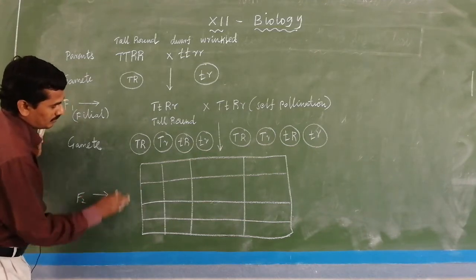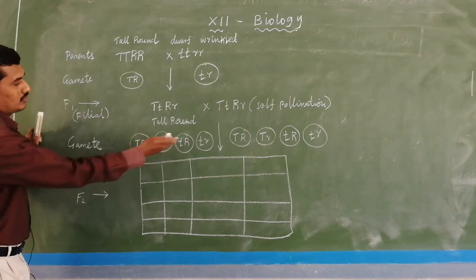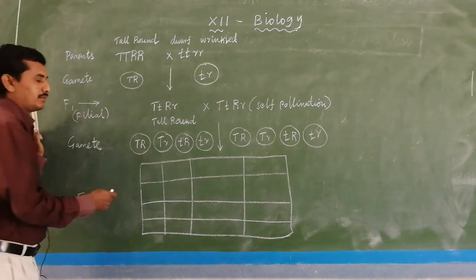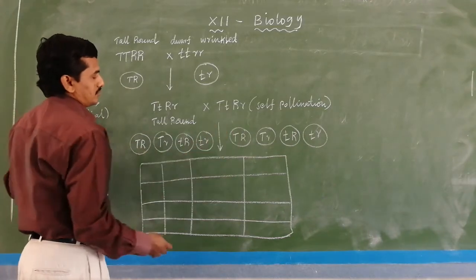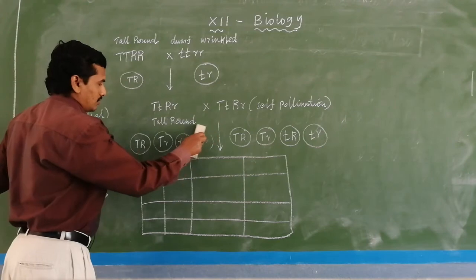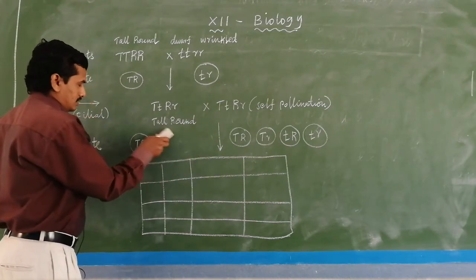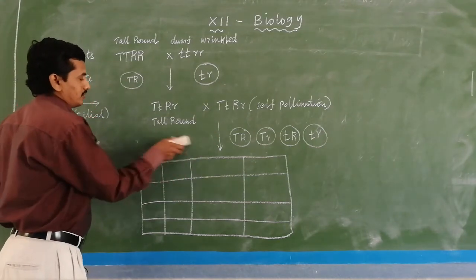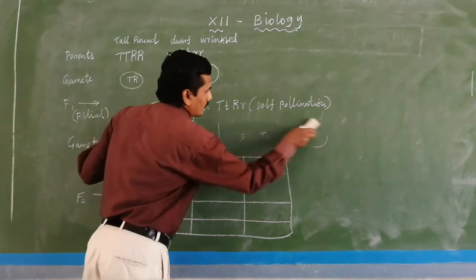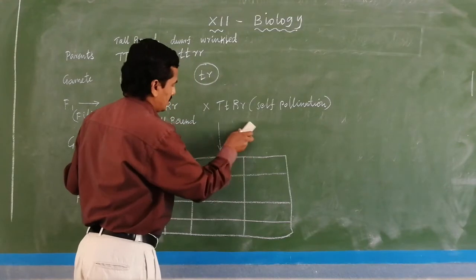One side uses one type of gametes from one parent, male or female. The other side uses the other parent's gametes. There is not much space, so write the particular gametes carefully. Okay, here also.